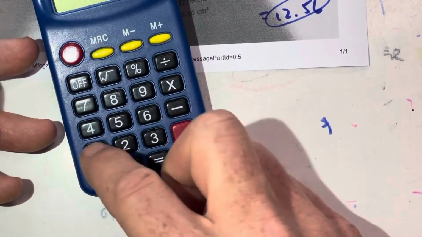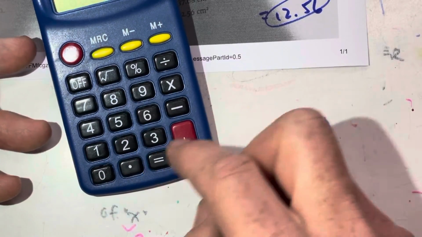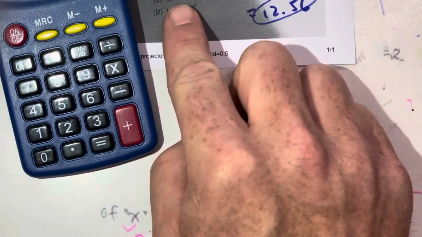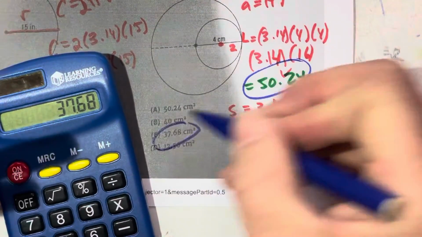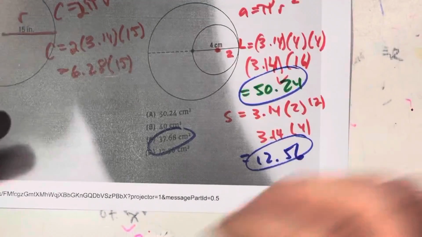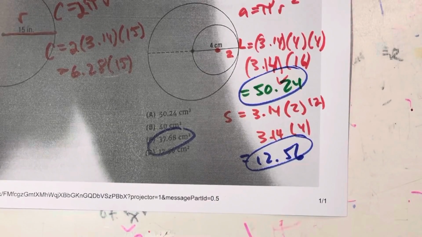Okay, I'm gonna get this one right. 12.56 equals 37 point whatever. There it is right there. Nailed it. 37.68, but you can do that subtraction and that multiplication by yourself.